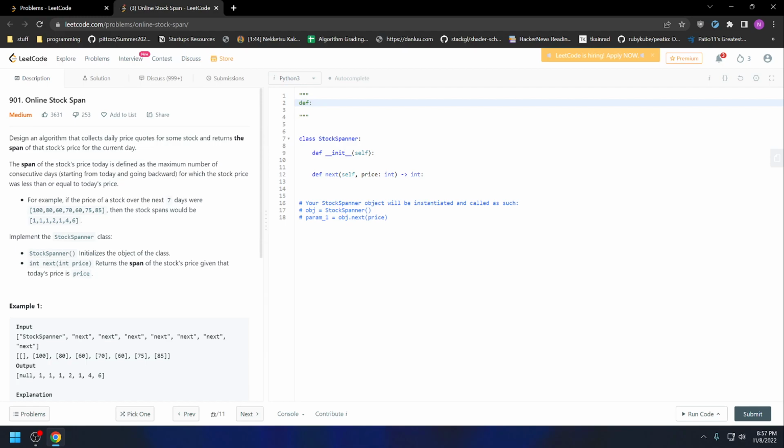Alright, what do we need to do? Give the span of the next price given an already existing list of prices.